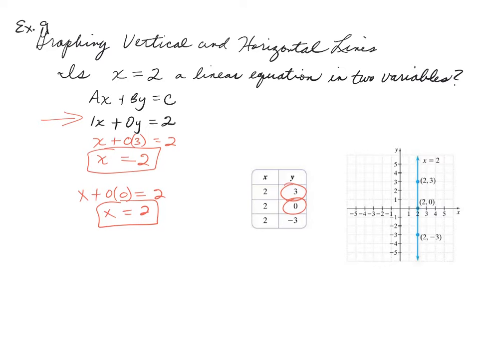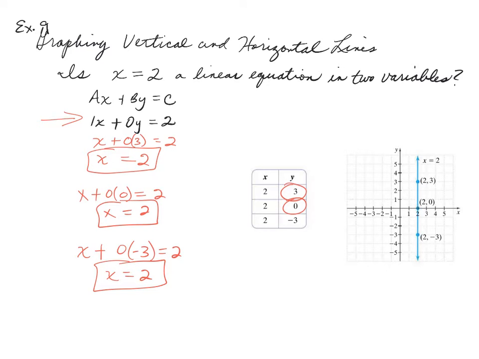What about when y is negative 3? We have x plus 0 times negative 3 equals 2. Well, x equals 2. So it looks like no matter what the y value is of any point on this line, the x value equals 2.